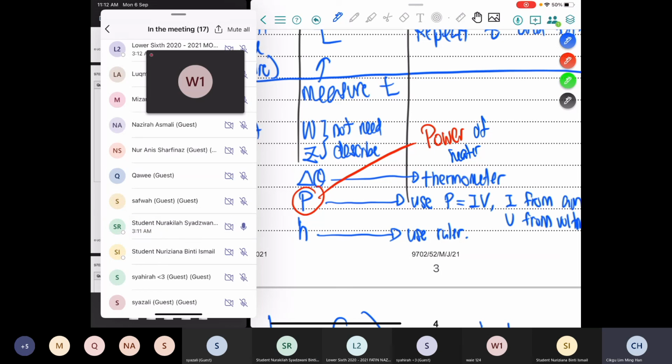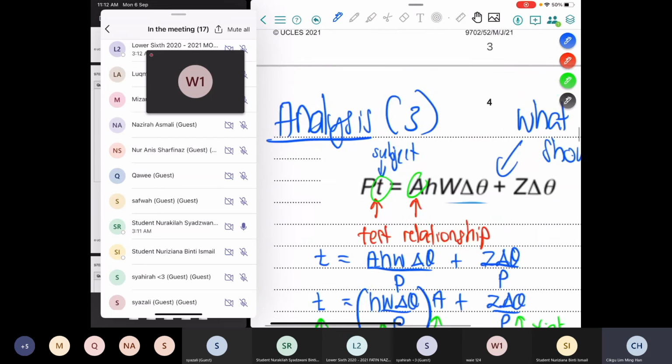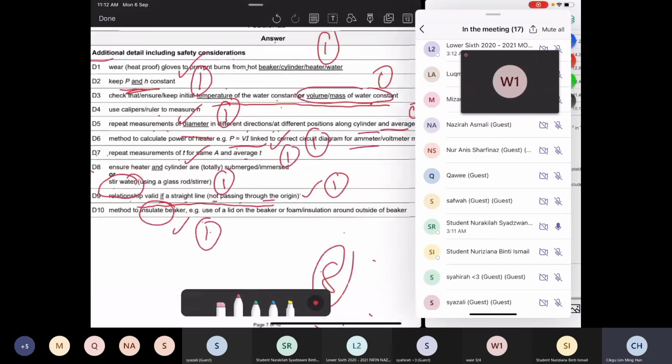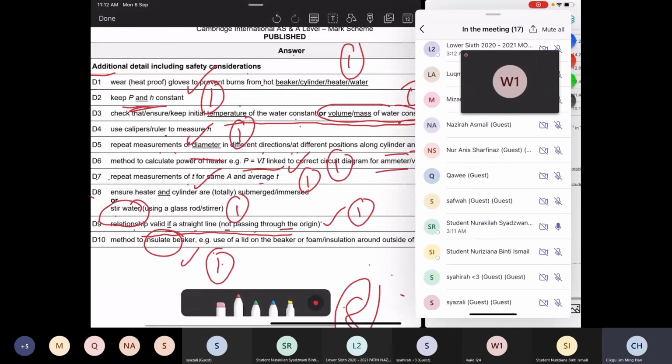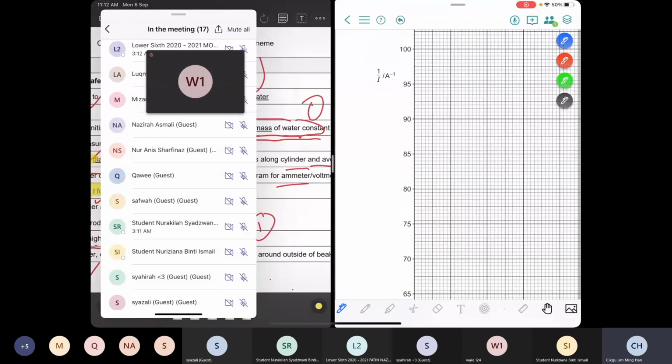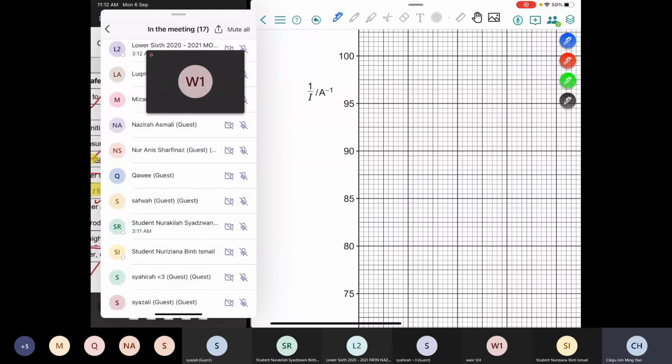You can do that, but in the mark scheme there is no check for zero error. If you look at the mark scheme here, there is no check for zero error. What is there is only repeat measurement. So that's fine. Okay, we move on to the next one.